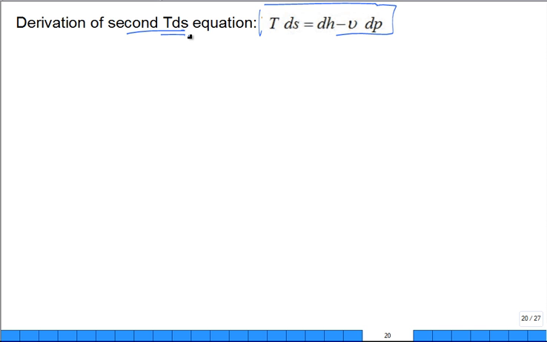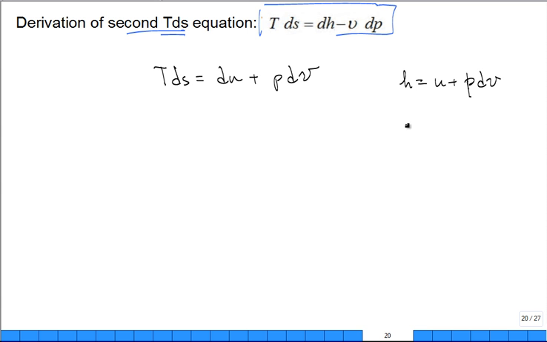To derive this one, start with the first TdS equation, which was, oh, I already forgot. Start with the first. Then what we do is we recall H. Is that the definition of H? Is that a good equation?